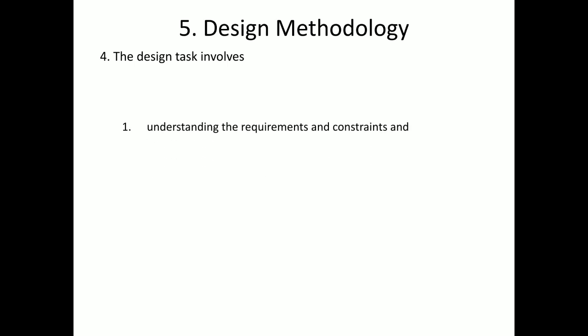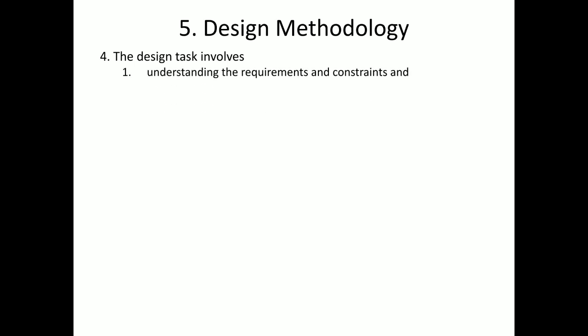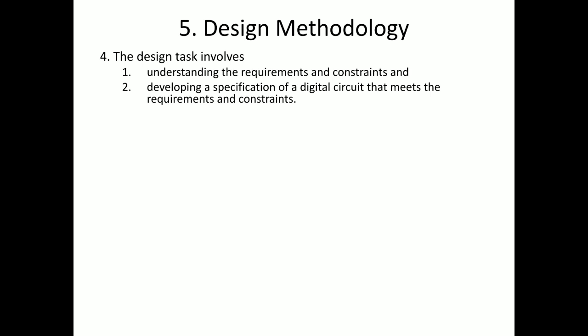Then the design task involves understanding the requirements and constraints and developing a specification of a digital circuit that meets the requirements and constraints. This is what we have done, right? We will first try to understand what type of design we are going to design, what type of output devices, what type of input devices, at what temperature condition it is going to work, and at what voltage the design is going to work.